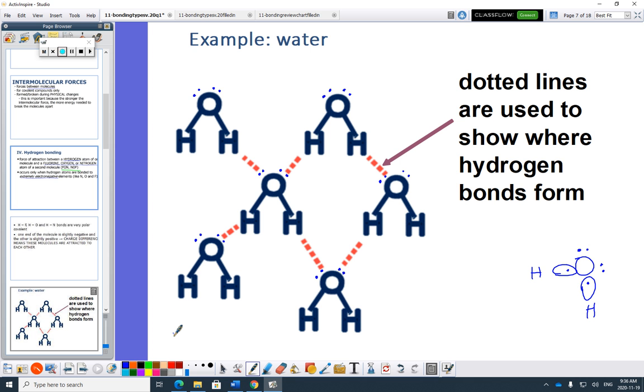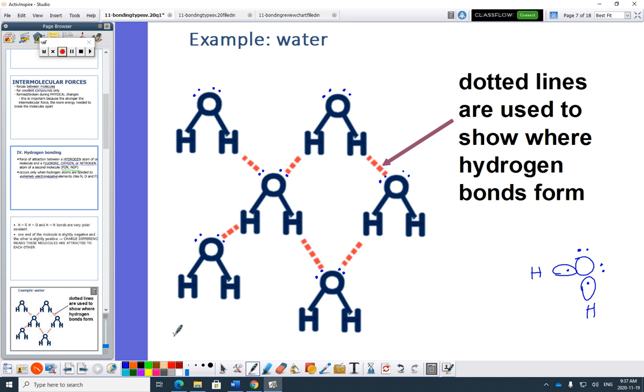So when we do Lewis like this, whether you do dots or lines doesn't matter, that is flat. We're trying to show a molecule on a flat piece of paper. But one of the things we're going to do next year is draw 3D. The reason it's drawn like this, where the pairs of electrons are at the top, and these two hydrogens are angled at the bottom, is its shape is called angular.